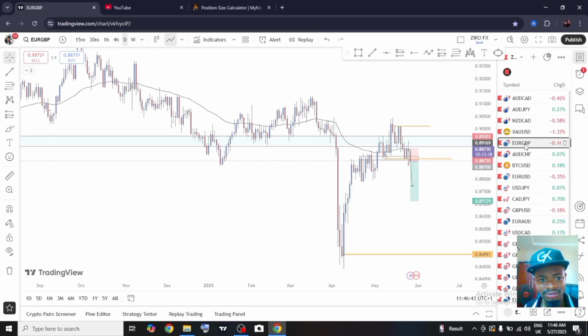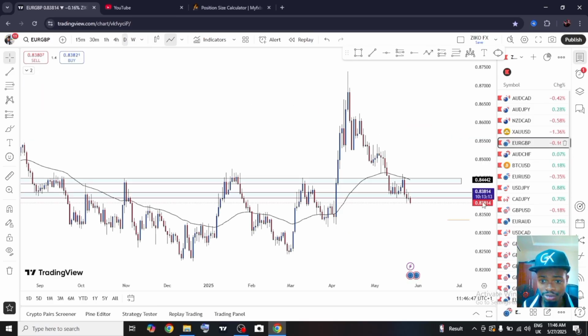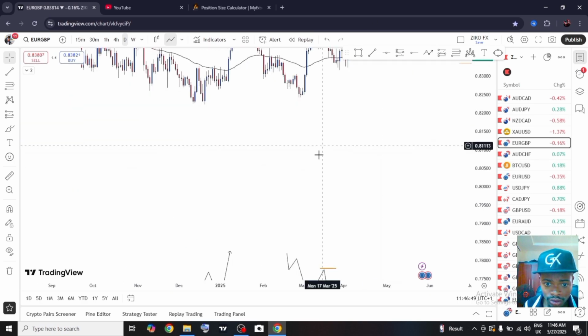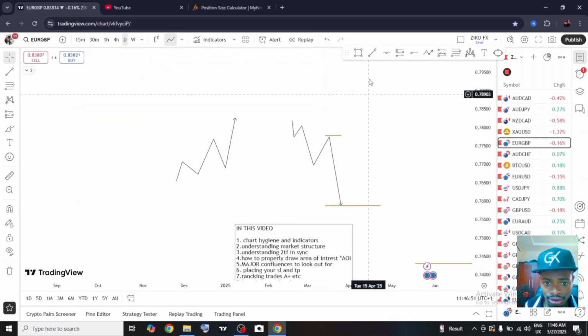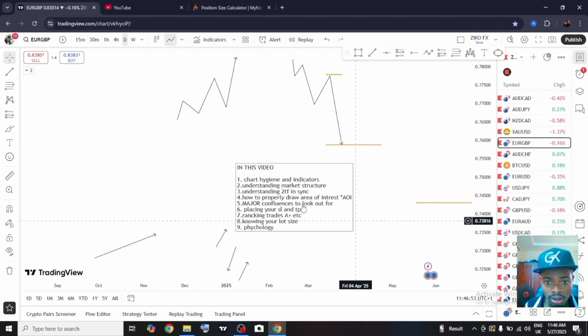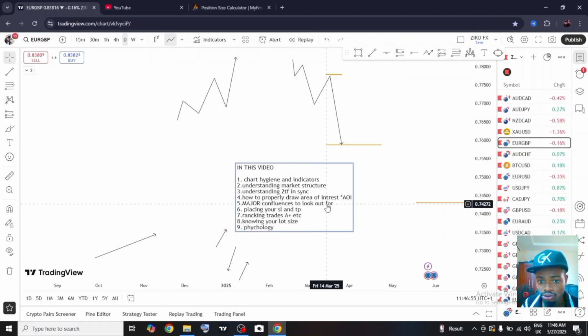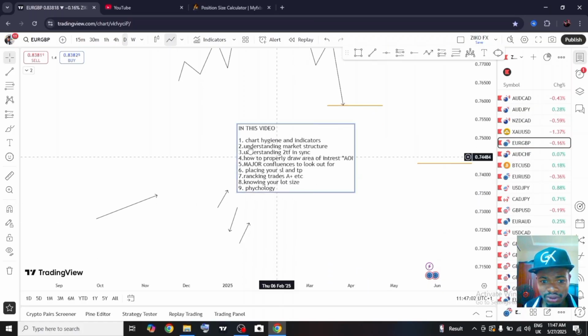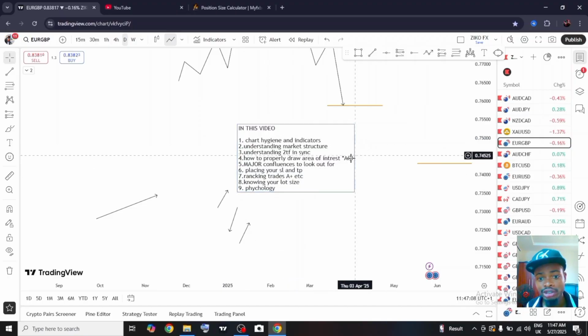It's crazy. All right, let's go over to the next topic, which is major confluences to look out for when taking a trade. Now, you have understood how to mark market structure, you understand what time frame to use, and now you have drawn your area of interest.